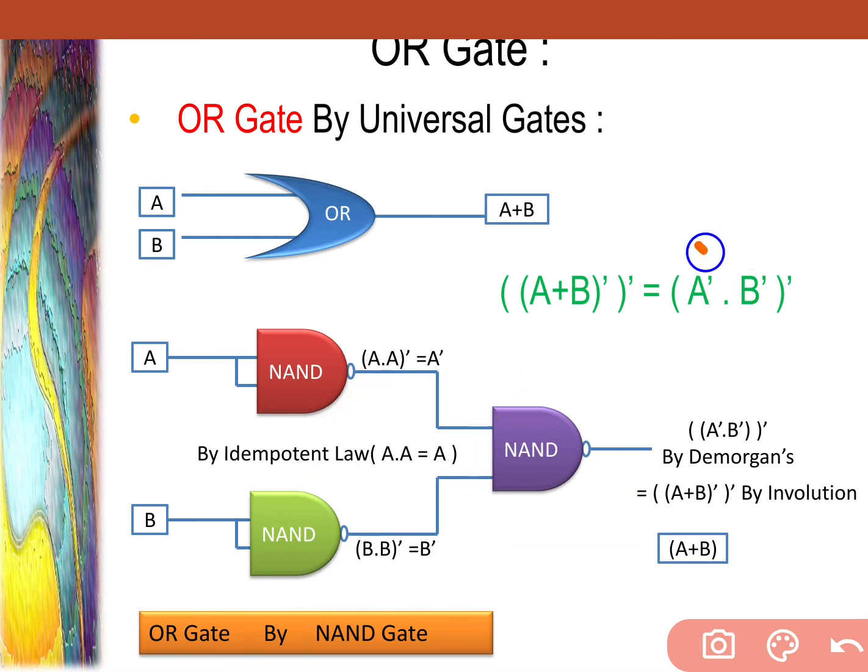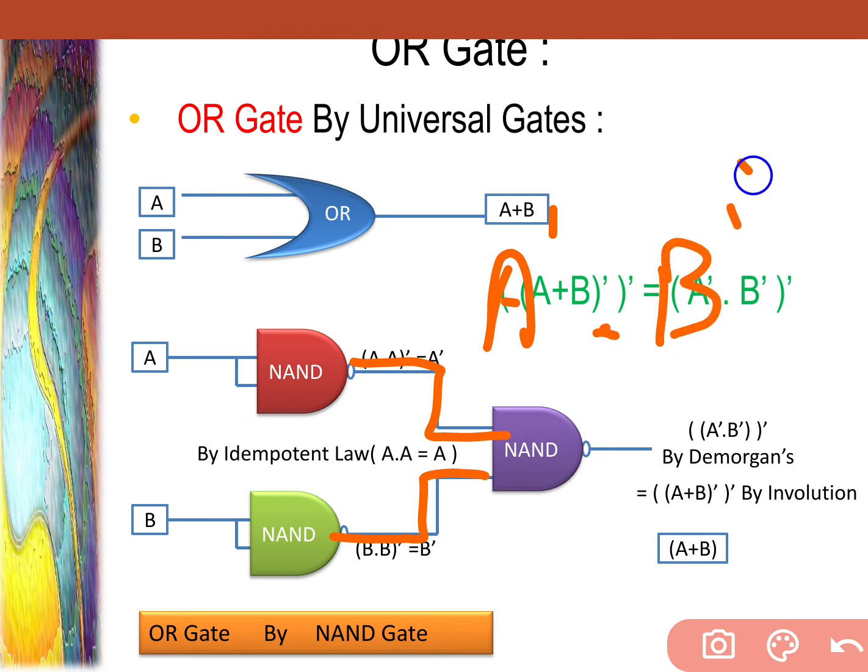That's why we have to create A dash in this way, B dash in this way, and then we have to pass both of them through NAND gate again. Then NAND gate provides us A dash dot B dash whole dash. And see what happened?